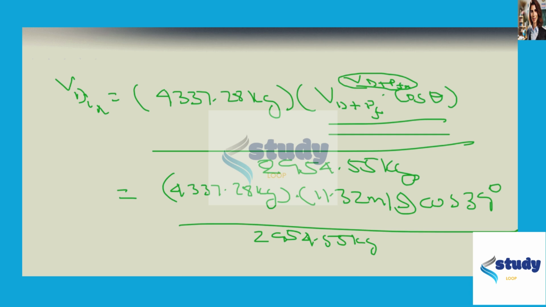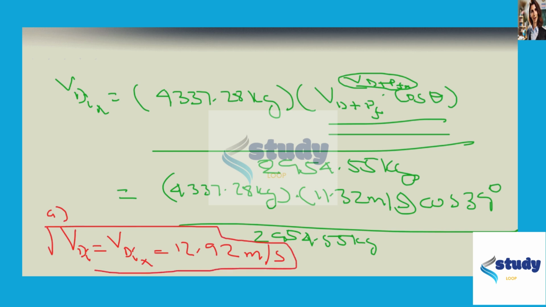So 4337.28 divided by 2954.55 times 11.32 times cosine of 39. Such a long problem, but we're almost there. We're getting to the initial velocity of the Durango before collision, which is the same as the initial velocity of the Durango in the x, and it gives us 12.92 meters per second. This is the part A requirement.